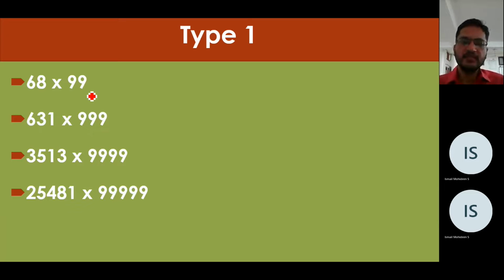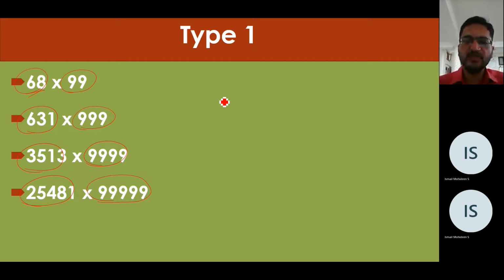We will discuss first type. We have already discussed it yesterday. Here, number of digits are same: 2 nines and 2 digits, 3 nines, 3 digits, 4 nines, 4 digits, 5 nines, 5 digits, means the number of digits in the number which we multiply with 9s and the number of nines are same.